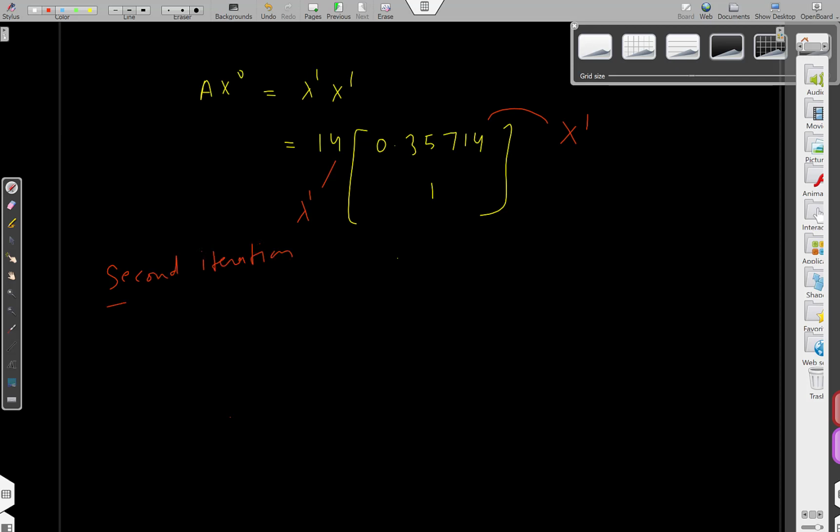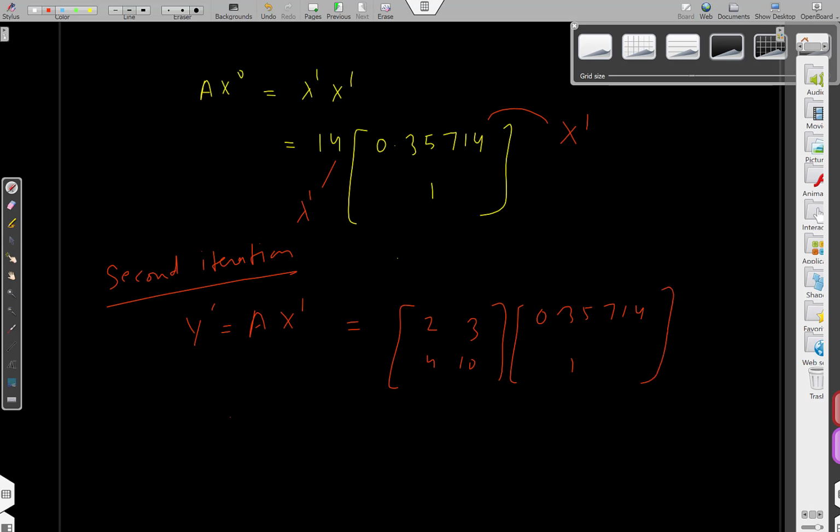What is the second iteration? A x1 that we are calling y2 equals A x1. A is the same matrix 2 3 4 10, and x1 we computed here as 0.35714 and 1. So what is the value coming out to be here?